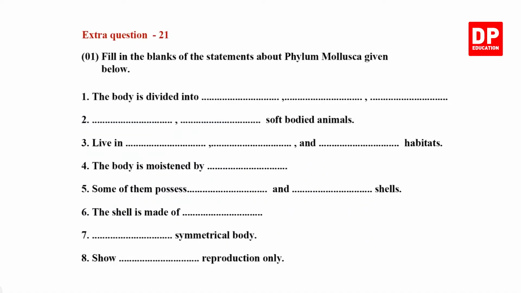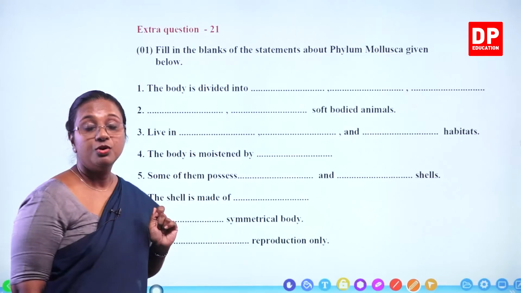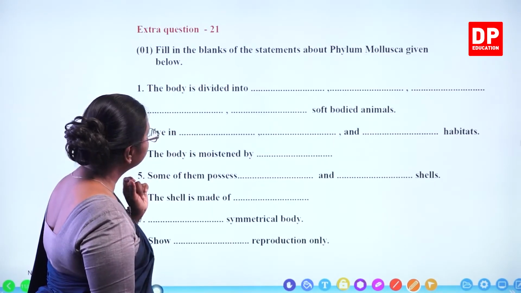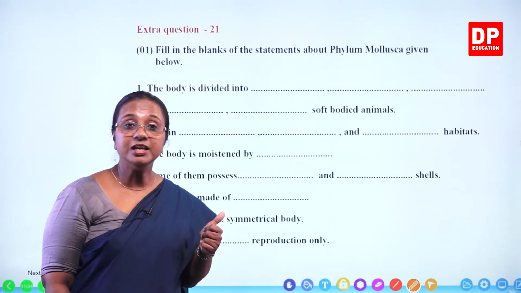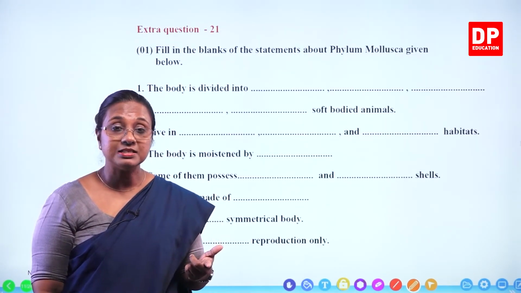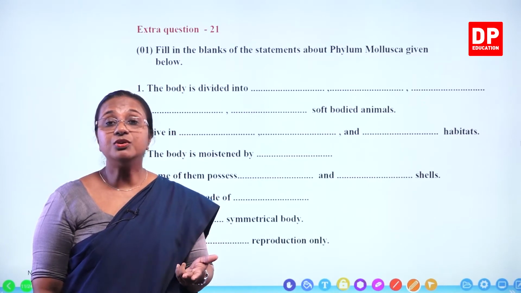Extra question 21. Fill in the blanks of the statements about phylum Mollusca given below. The body is divided into, what are the parts of the body? A muscular foot, visceral mass, and also the head.